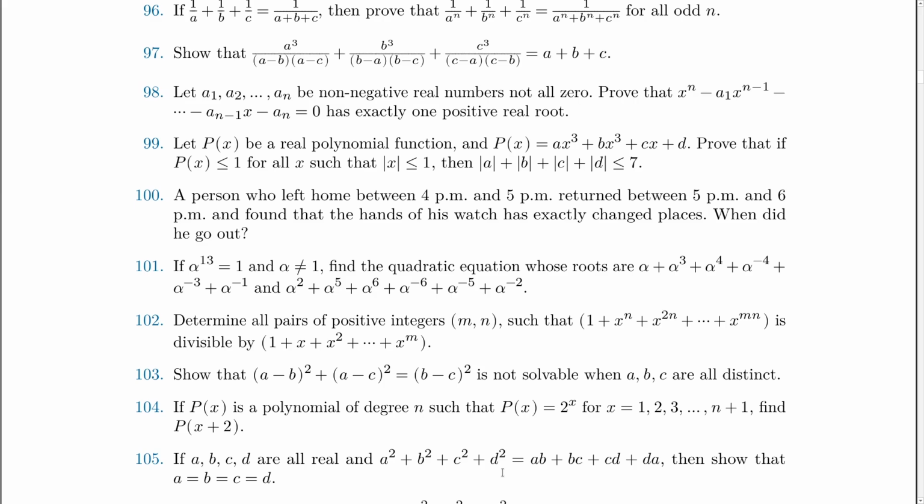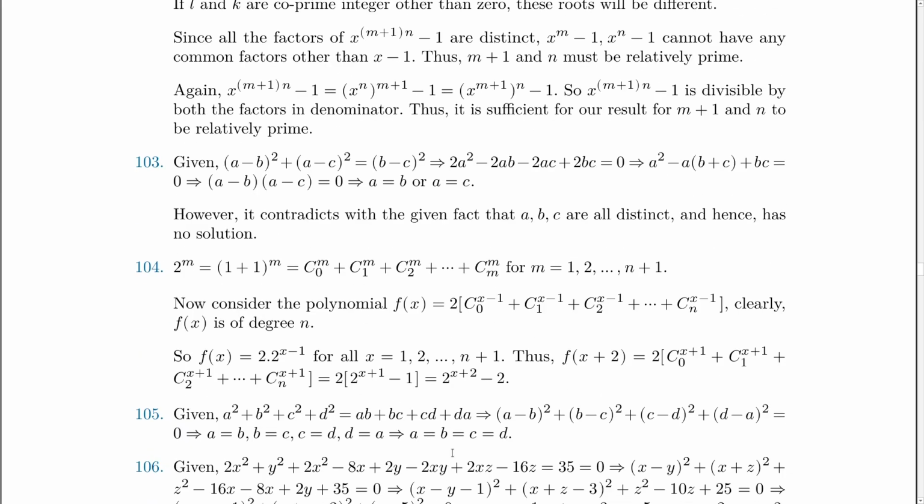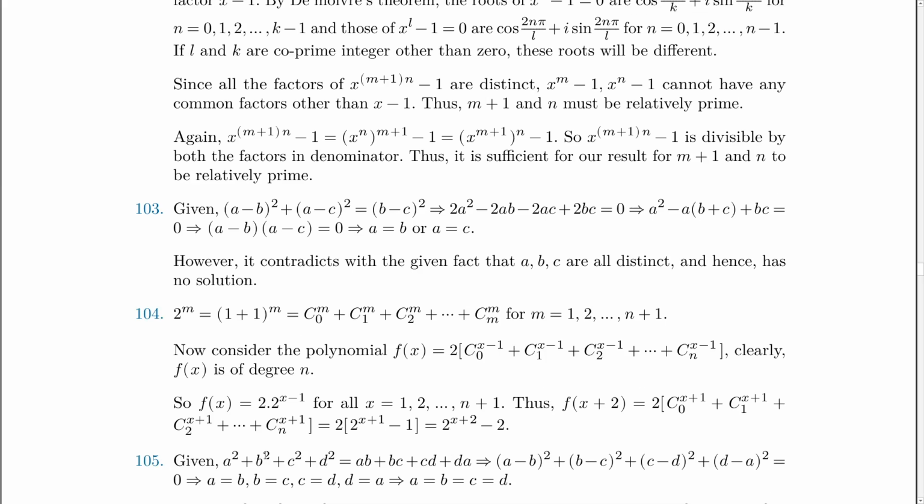Right. Question 105 says that if a, b, c, d are all real, and a^2 + b^2 + c^2 + d^2 = ab + bc + cd + da, then show that a = b = c = d. So we can write the given equation as we multiply the left hand side and right hand side both with 2, bring the right hand side to left hand side, and then we have (a-b)^2 + (b-c)^2 + (c-d)^2 + (d-a)^2 = 0.